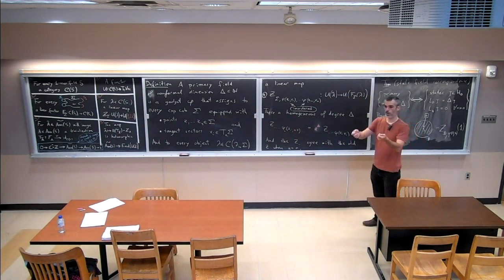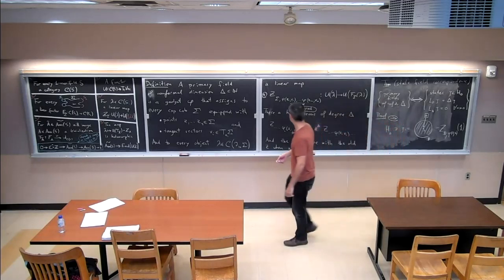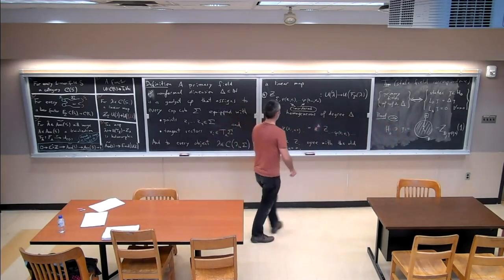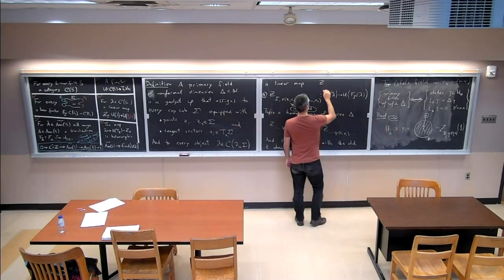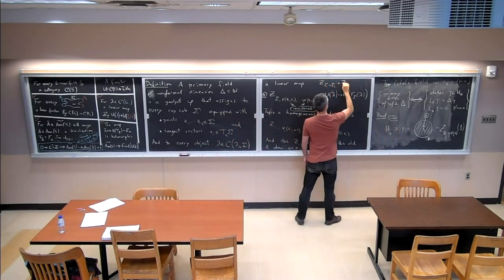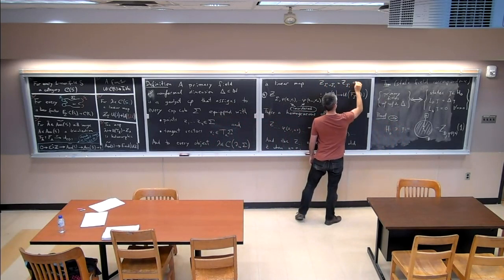But there's nothing like factorization of adding points one after another using some kind of this. Well, yes, there is. There is a formula: z sub sigma 1 union sigma 2 equals z of sigma 1 composed with z of sigma 2.